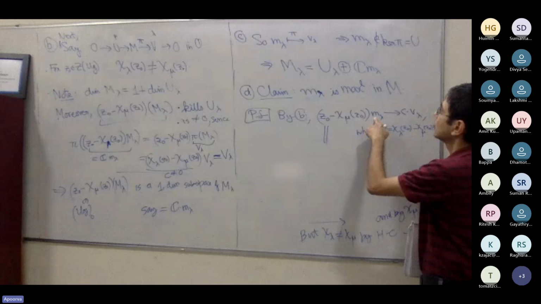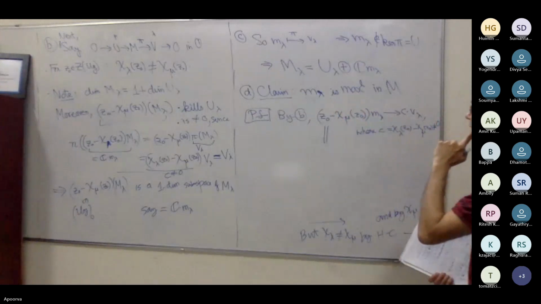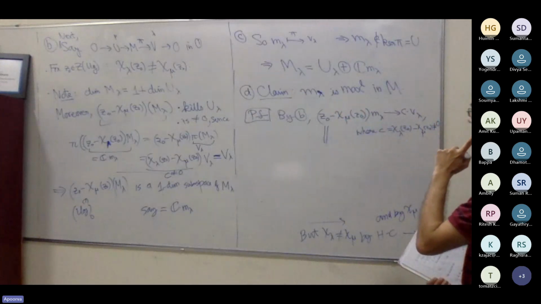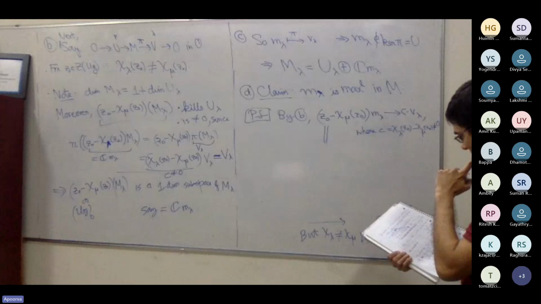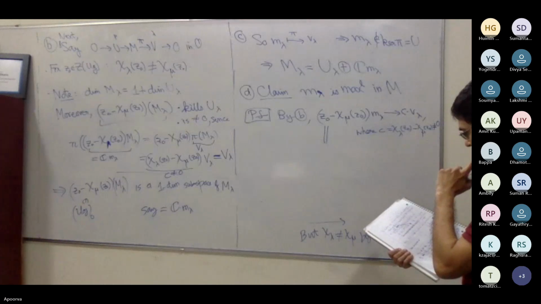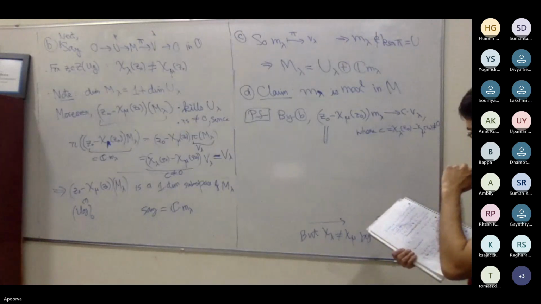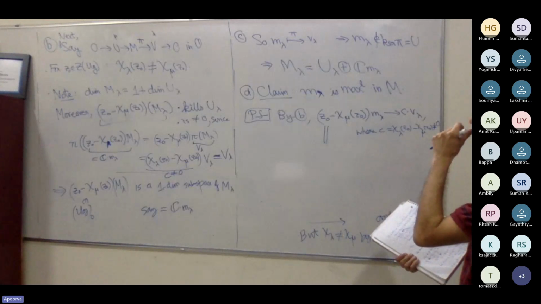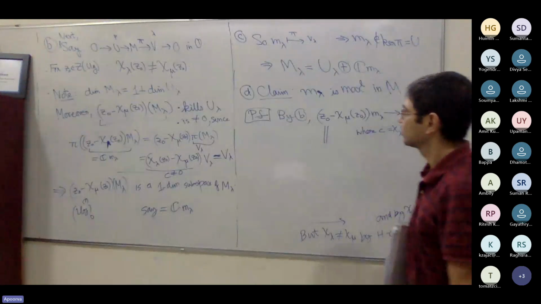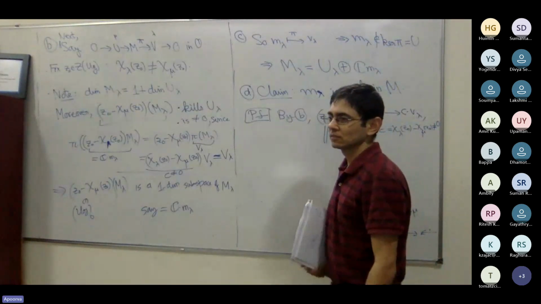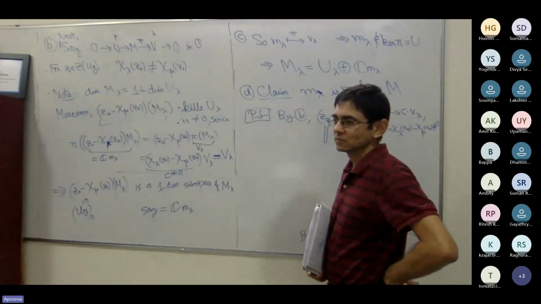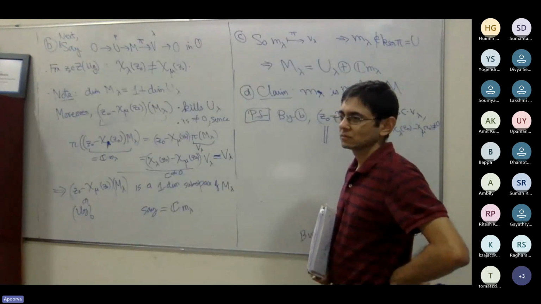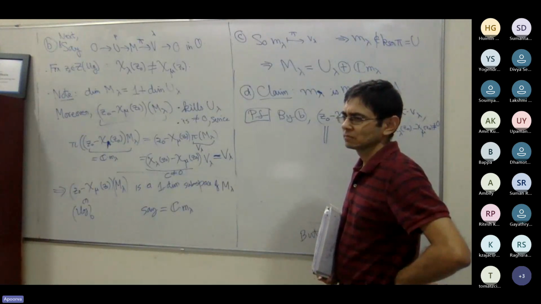Raising operators on M lambda is identically 0. Right, that is the whole point. So if you start with a raising operator, then use this central element.